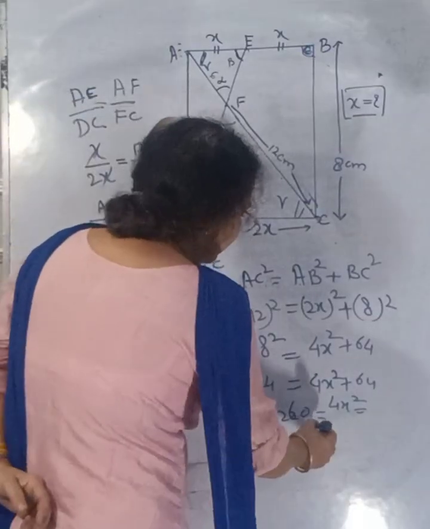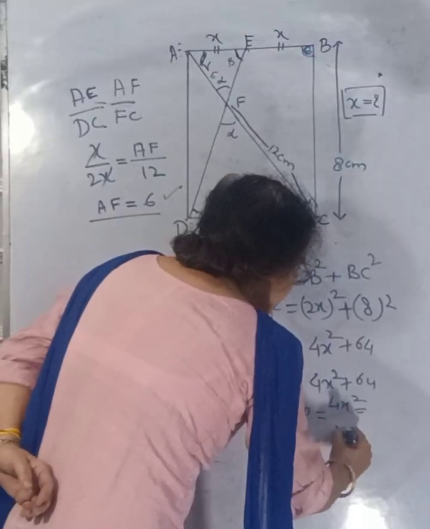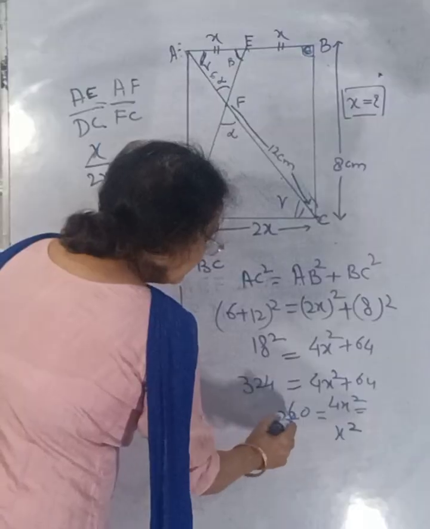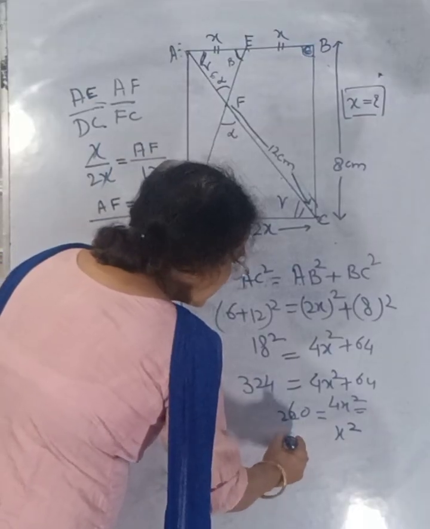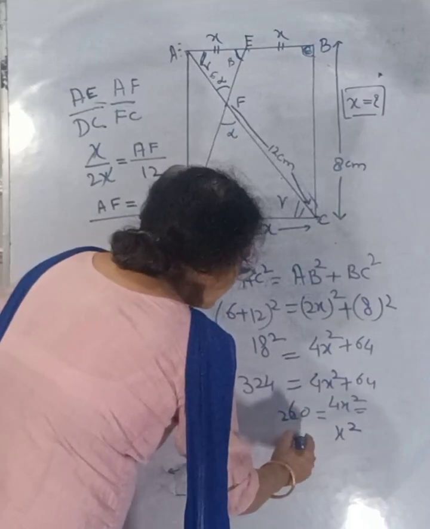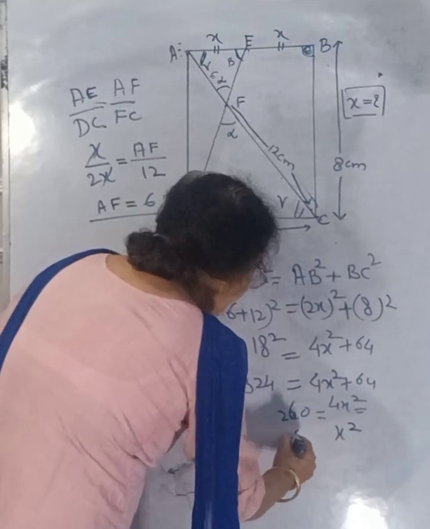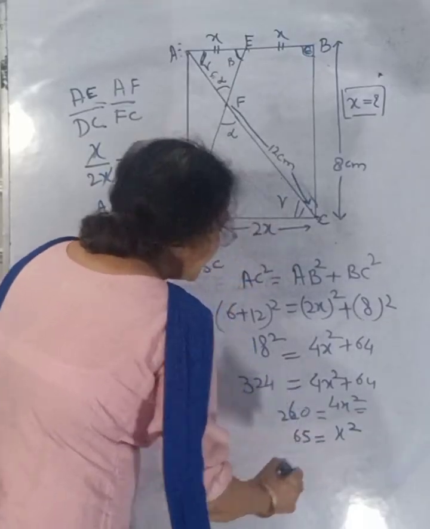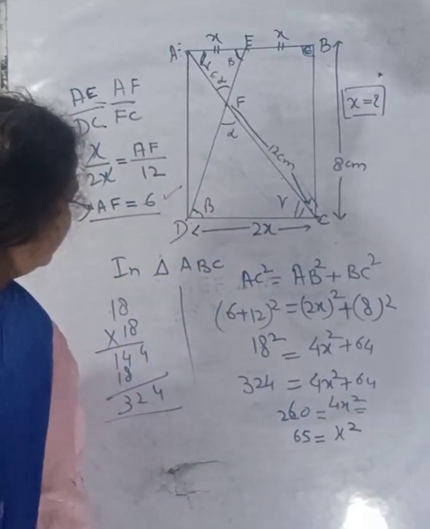Now 260, it means x square will be equal to 260 divided by 4. 4 sixes are 24, 4 fives are 20. So x square is equal to 65.